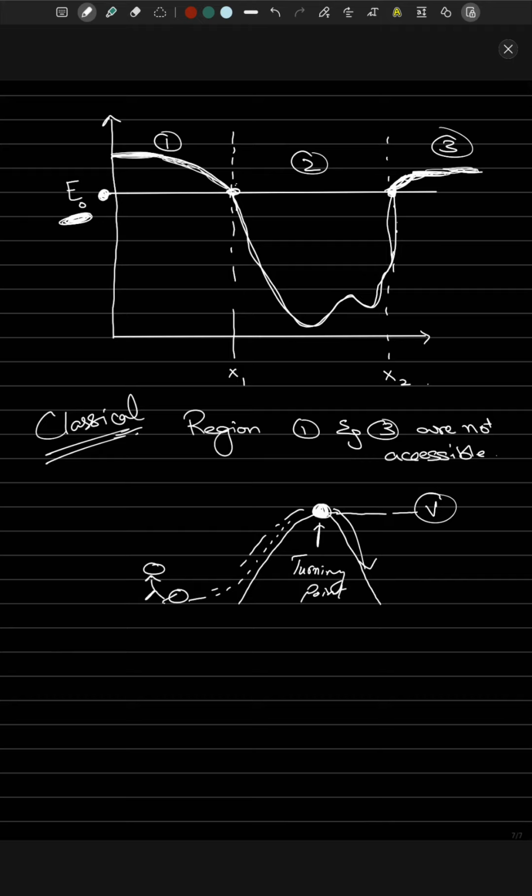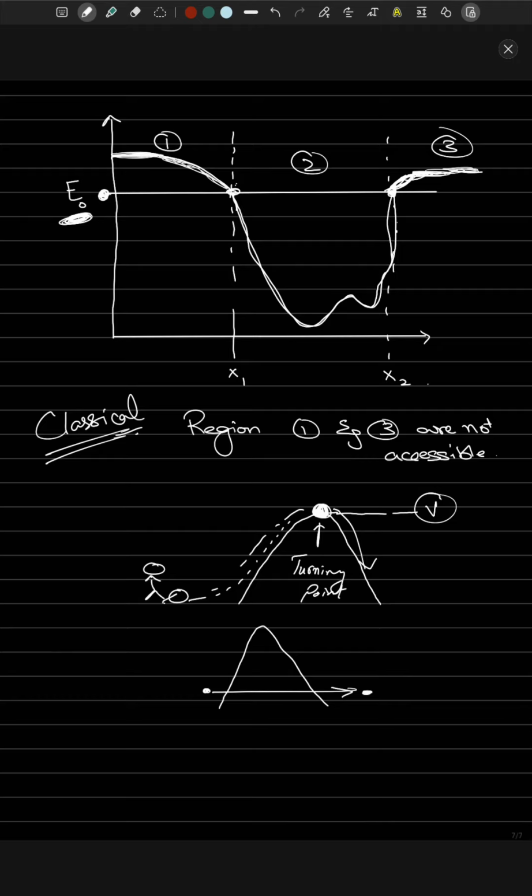But quantum mechanically, if this were a quantum mechanical particle and there was a hill over here, it can tunnel right through this hill and reach this point. So this is quantum mechanically possible, and in fact, this quantum mechanical tunneling is the reason for radioactive decay.